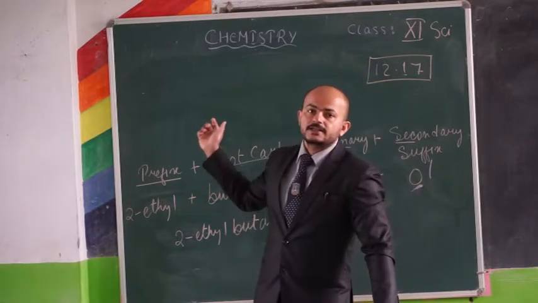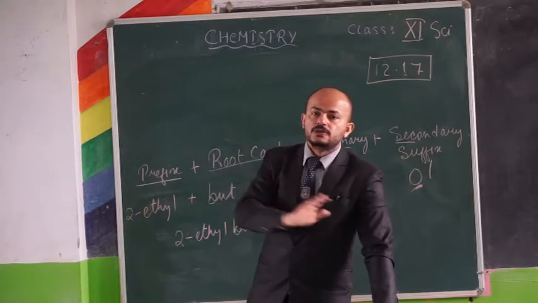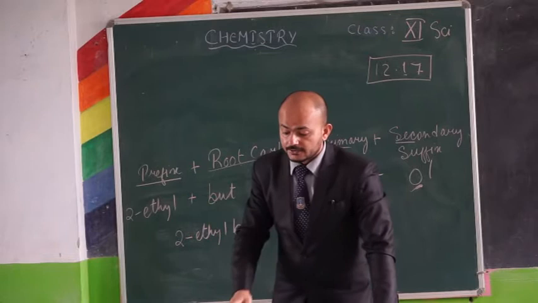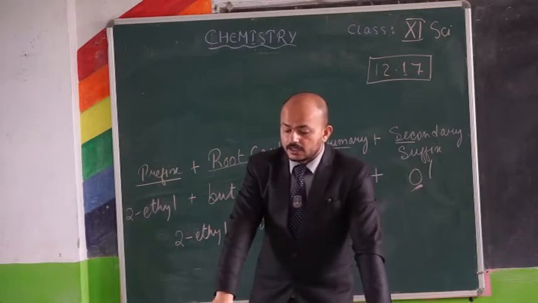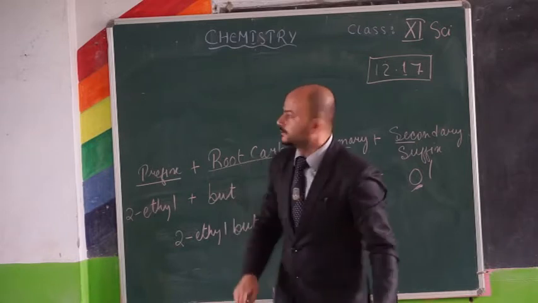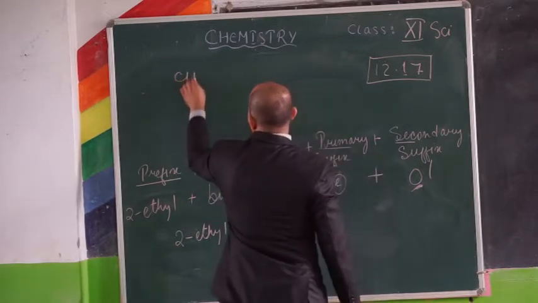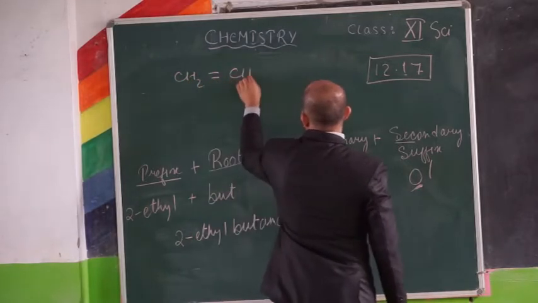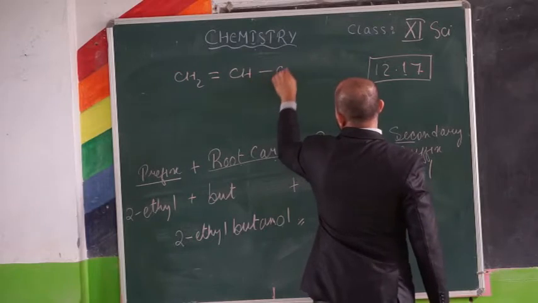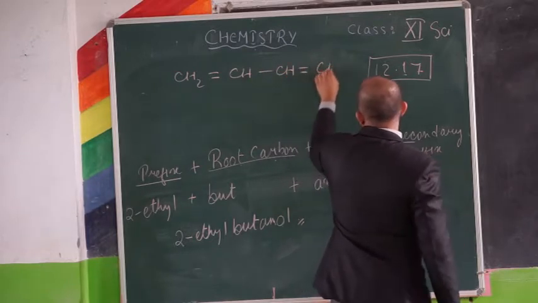Then we'll take certain examples so that your confusion, if you have any, will be sorted out. Now, if the multiple bond occurs 2 or more times, the prefixes di, tri, etc. are used before the suffix ene or yne. That means in a single compound, suppose you have CH2 double bond CH, then again a single bond, CH double bond CH2.